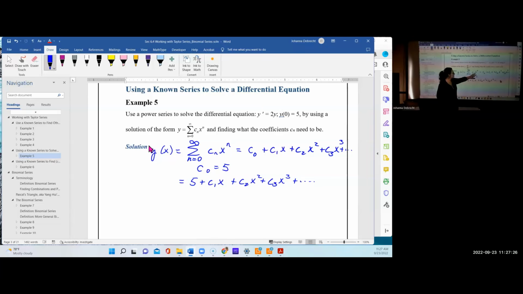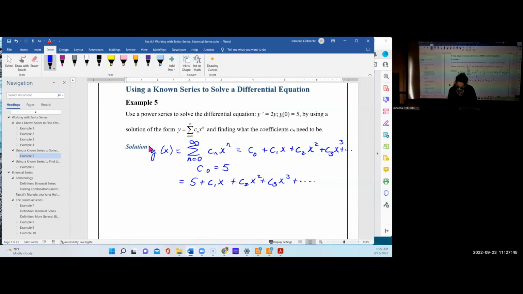When you take the derivative of something that starts at 0, where your first term is a constant, what's going to happen to the constant? Yeah, it's going to go away. It's going to be 0, which means that your subscript is going to have to start at 1, not at 0.